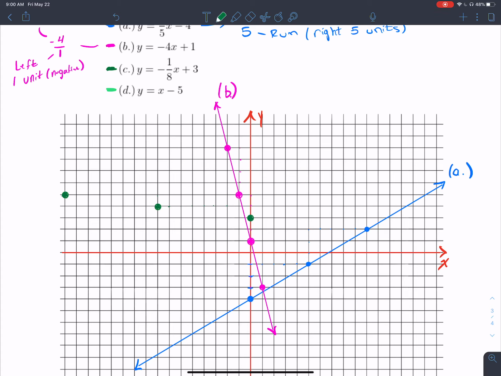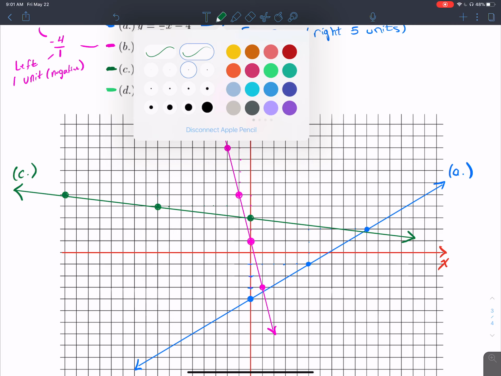So what I'm going to do, this is going to be a gong show, trying to get this right. Oh, it actually wasn't bad. This is our C.